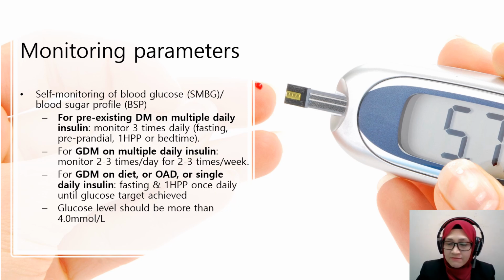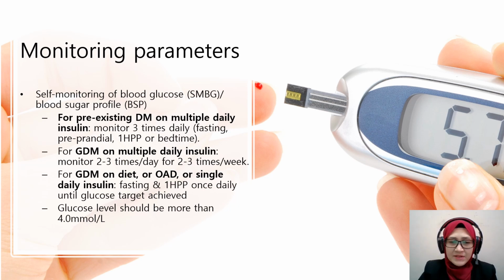And even more for those who have a pre-existing diabetes on multiple daily insulin, they need to monitor 3 times daily, which is fasting, preprandial, 1 hour postprandial, or bedtime. So any of these times, 3 times daily. Okay, we need to monitor.